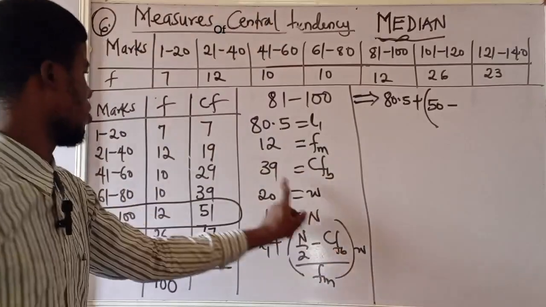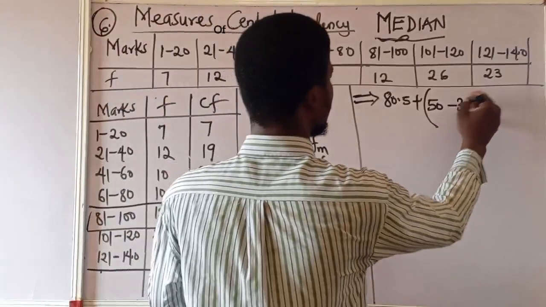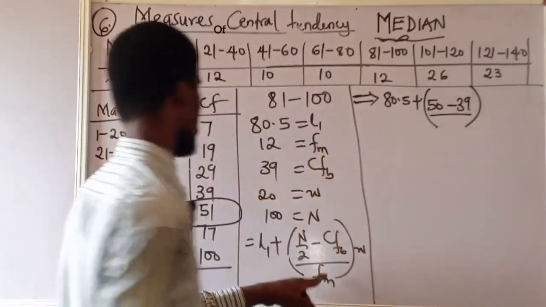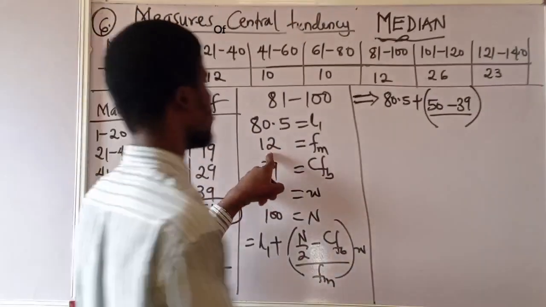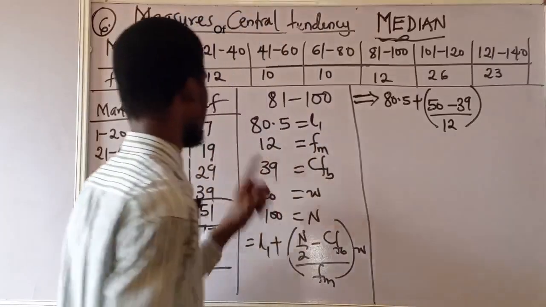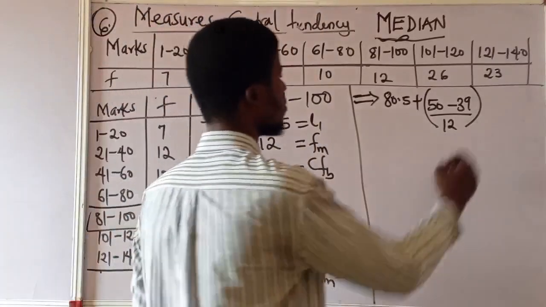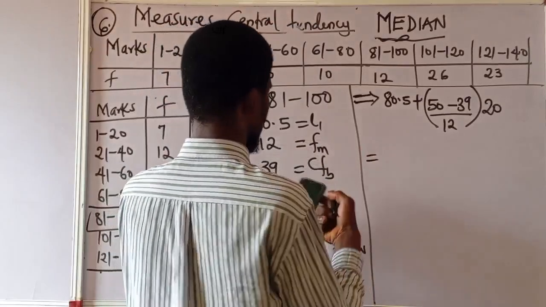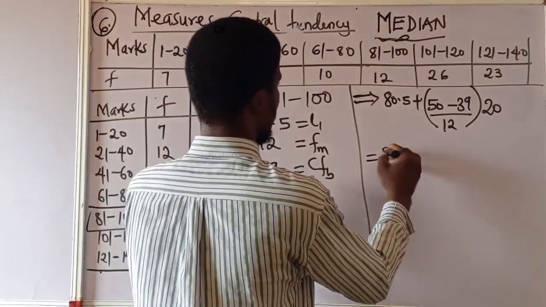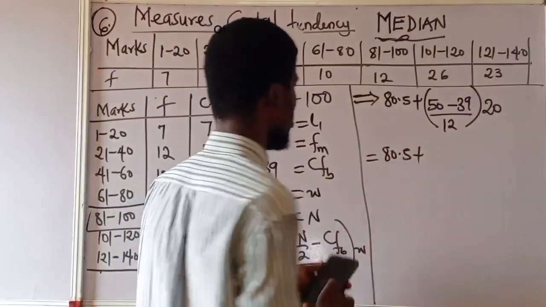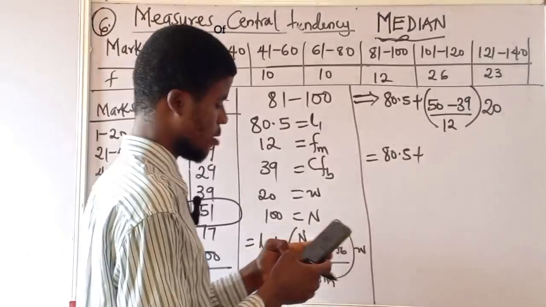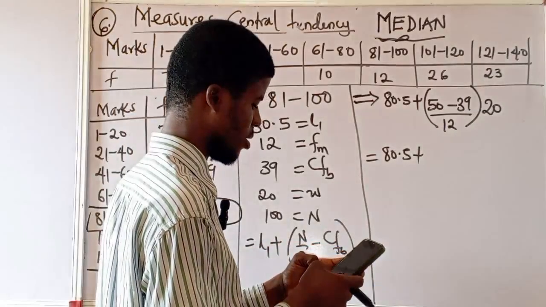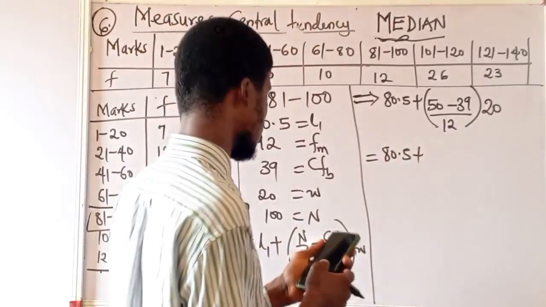Minus 39, divided by FM, and that's 12, times the class size, 20. So we have 80.5 plus 50 minus 39. 50 minus 39, okay, that's 11.